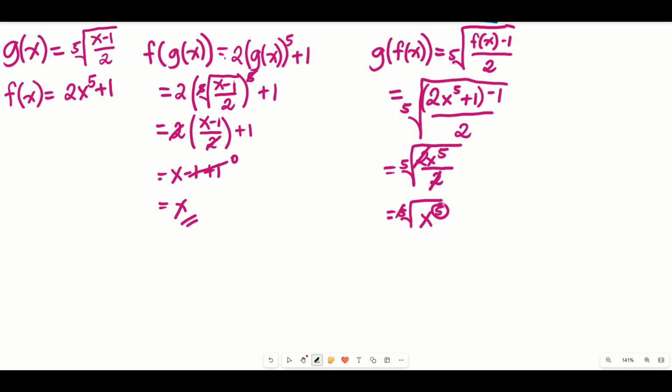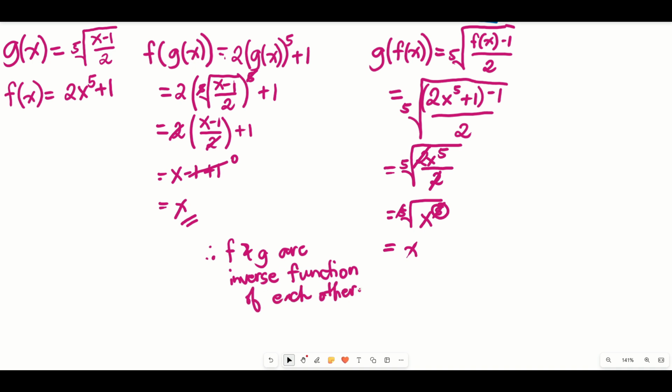So, magka-cancel out lang silang dalawa. And I'll be left with x. You may conclude now that therefore f and g are inverse functions, are inverse function of each other.